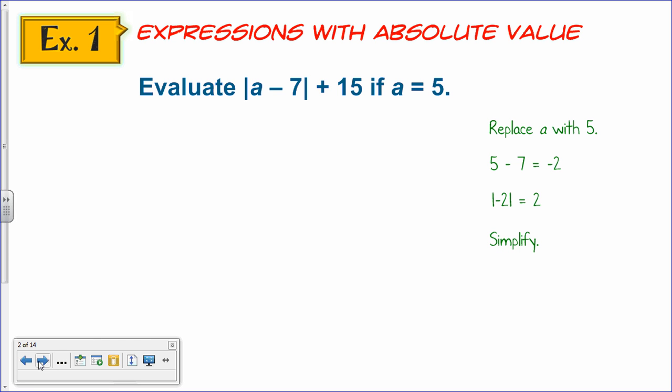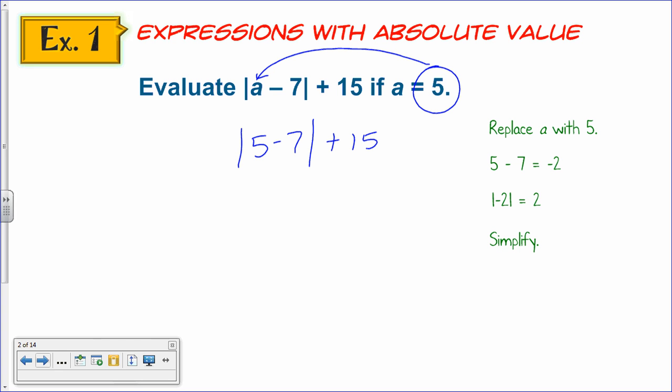So right here, since a is 5, I'm going to plug that 5 in for the a. Replace a with 5, and if you notice in green, it gives you the steps. So the absolute value of 5 minus 7, plus 15. What would I do first? We treat absolute value signs just like parentheses, like grouping symbols.